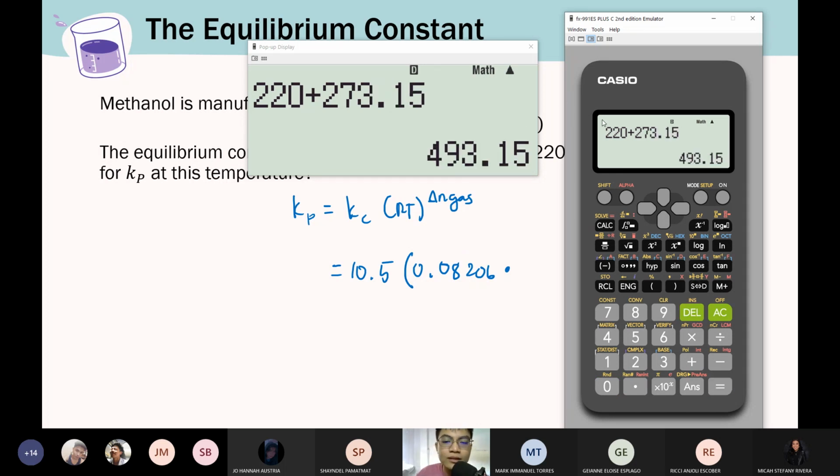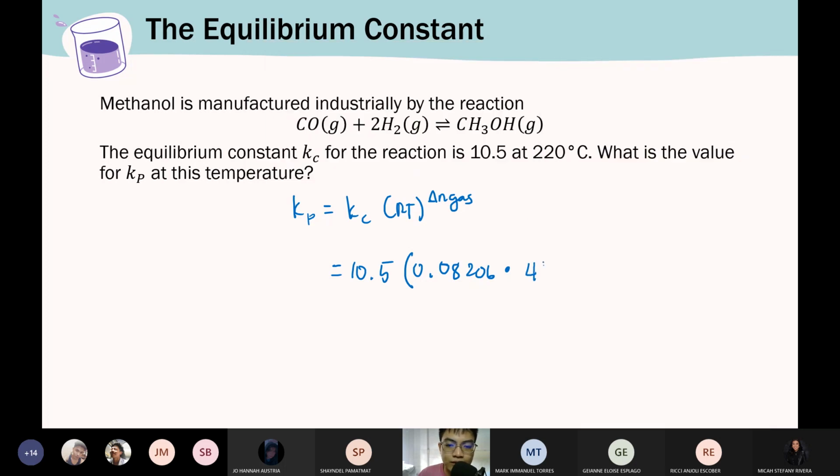I want to include the 0.15 para e, so it's 493.15. And then the delta n gas. So, what do you think is the delta n gas?